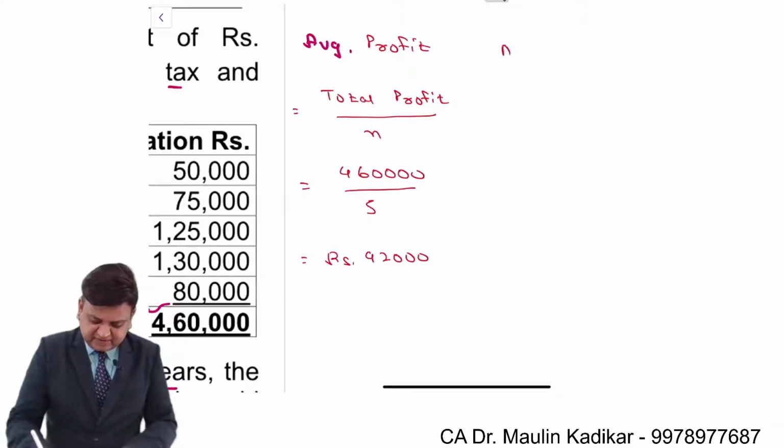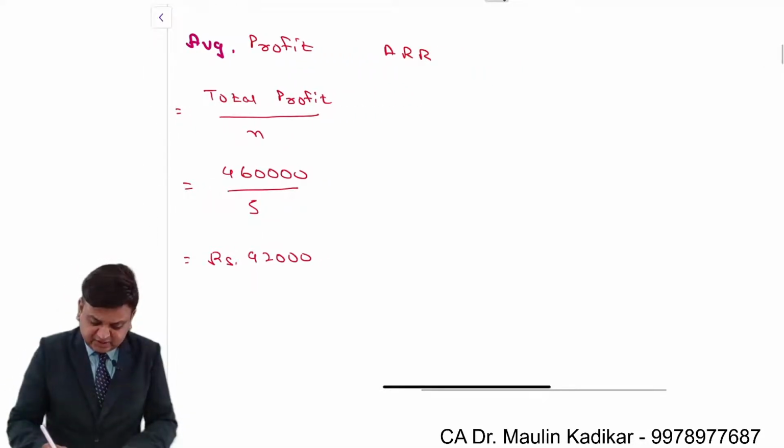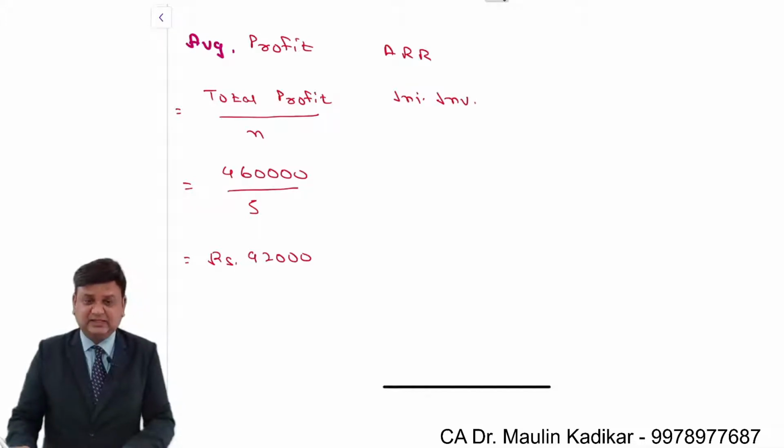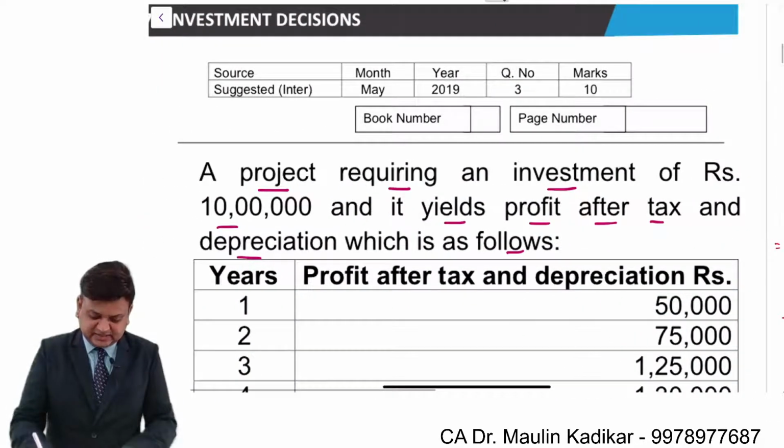As far as the ARR working is concerned, it can be calculated by one of two methods. Either you can use the initial investment for the calculation, or otherwise you can use the average investment. The initial investment is provided to us in the example, an amount of 10 lakhs.